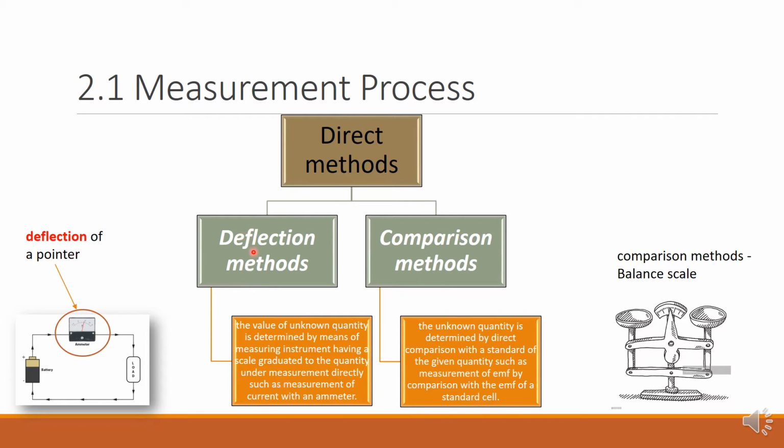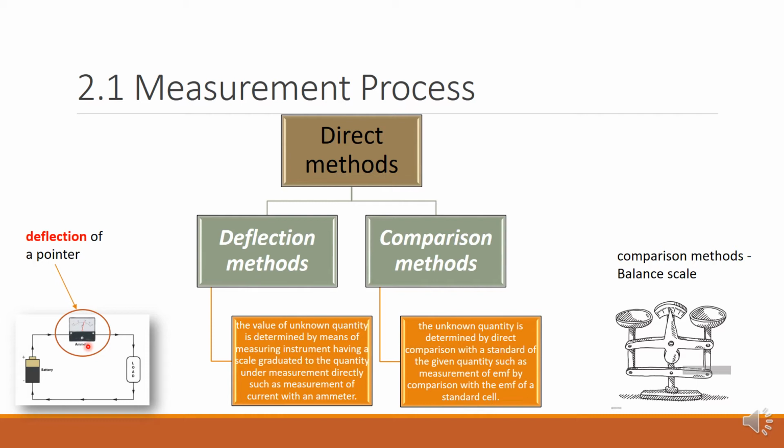For example, measuring current can be done by using an ammeter. You can understand the value of your current by reading the deflection of the pointer in the display of your ammeter. So this kind of direct method is classified as deflection methods.